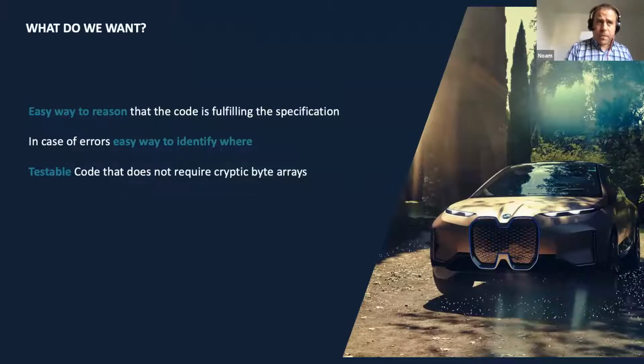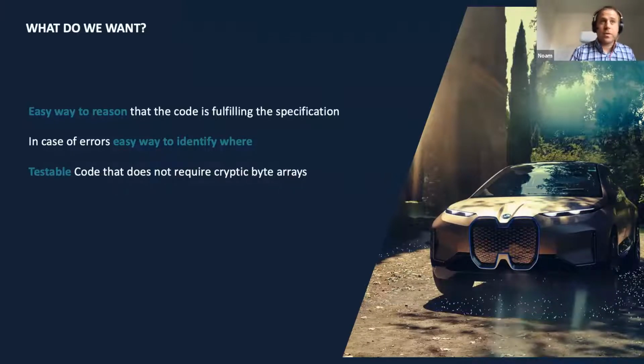Not specifically for this piece of code, but for any piece of code, we want it to be testable. One of the main issues when you're working with this kind of input of byte arrays is that people tend to say, okay, I'll copy a byte array into my test that I know the contents of, and that's good enough.